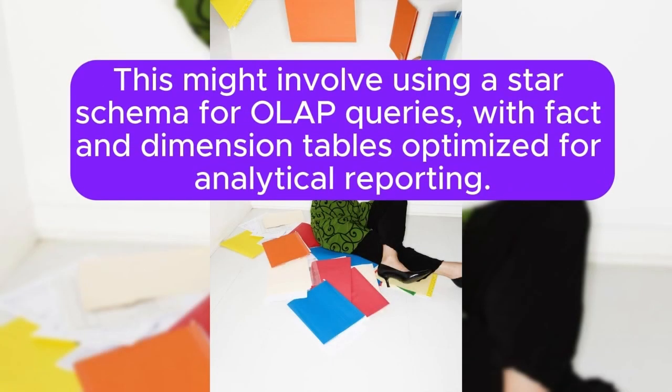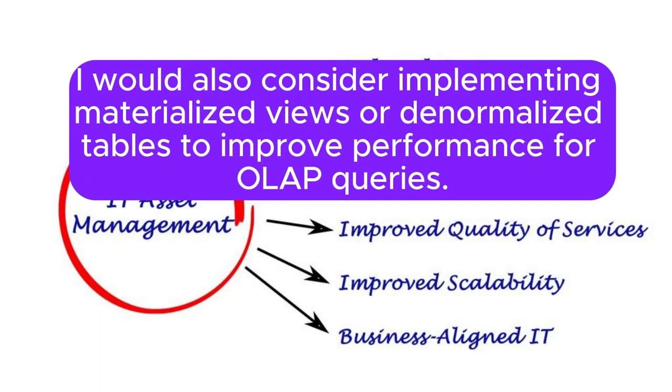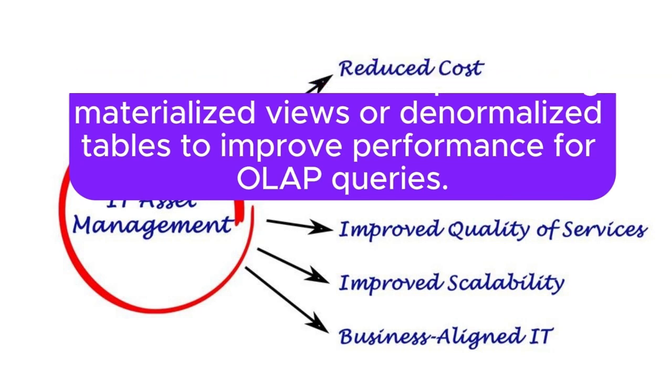This might involve using a star schema for OLAP queries, with fact and dimension tables optimized for analytical reporting. For OLTP workloads, I would use a normalized schema to minimize redundancy and ensure data integrity. I would also consider implementing materialized views or denormalized tables to improve performance for OLAP queries.